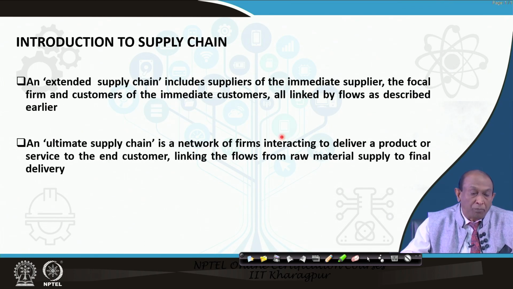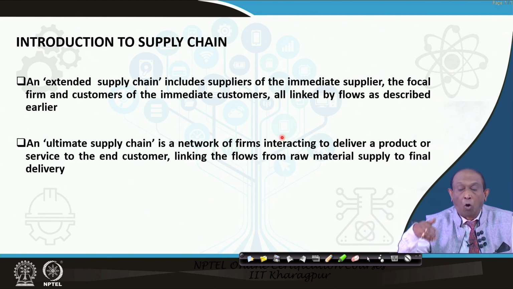Now, coming from the basic supply chain, let us find out what we mean by an extended supply chain. When we talk about an extended supply chain, this includes suppliers of the immediate supplier and the focal firm in the middle, and also it includes customers of the immediate customers, all linked by flows as described earlier.